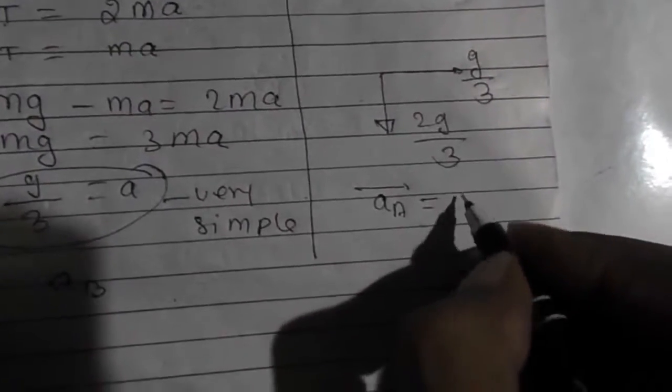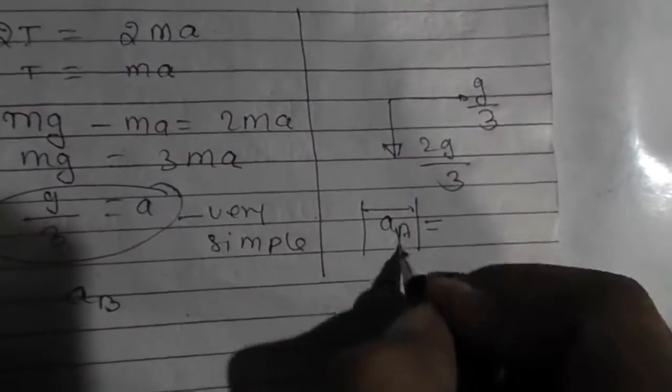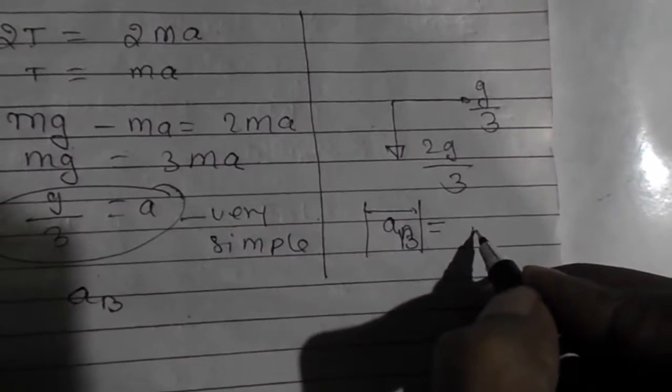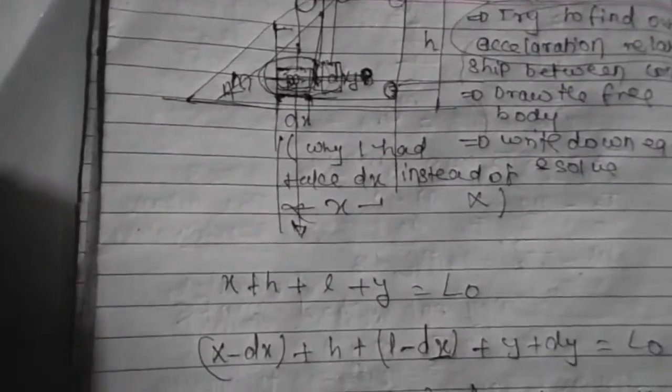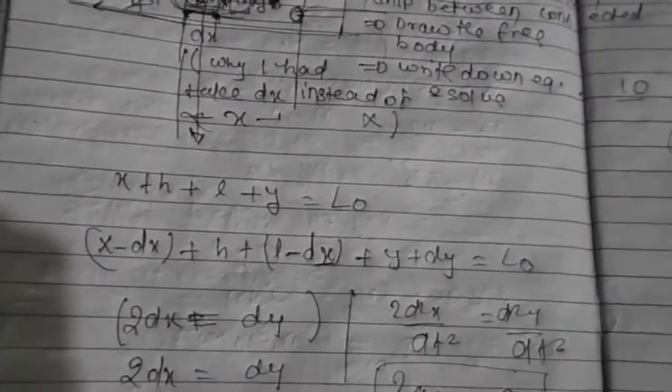So what is the net acceleration? Mod B is equal to g by 3 root 5. So we have solved this also. It is a simple one. You could solve it by yourself now.